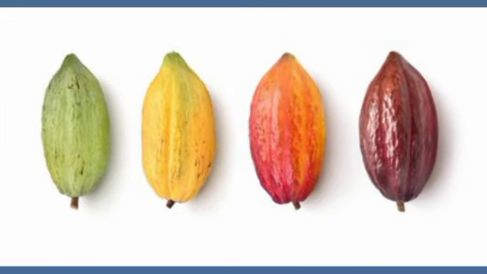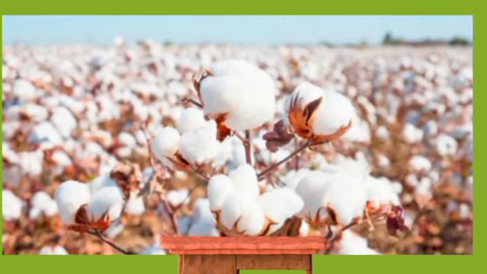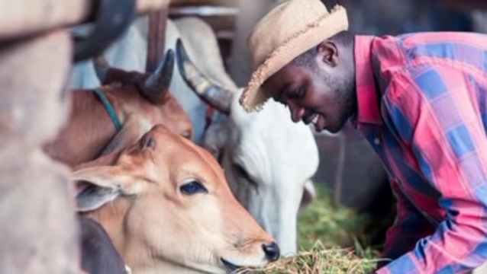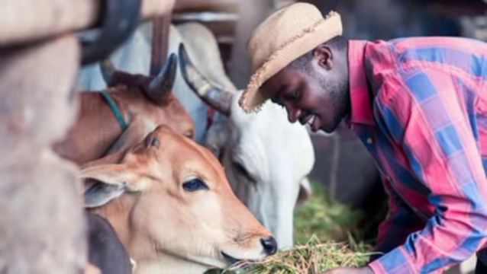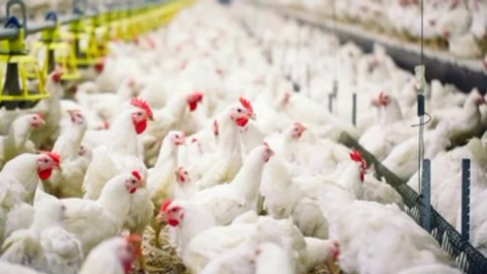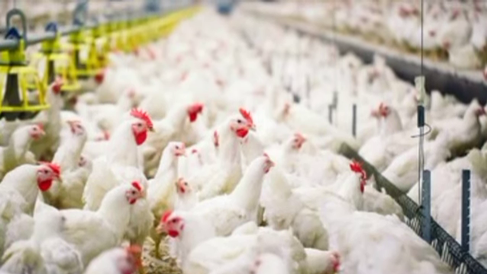We also have another component of agriculture known as livestock production. Livestock farming produces food materials such as meat, milk, cheese, eggs, butter, yogurt, and raw materials such as wool.